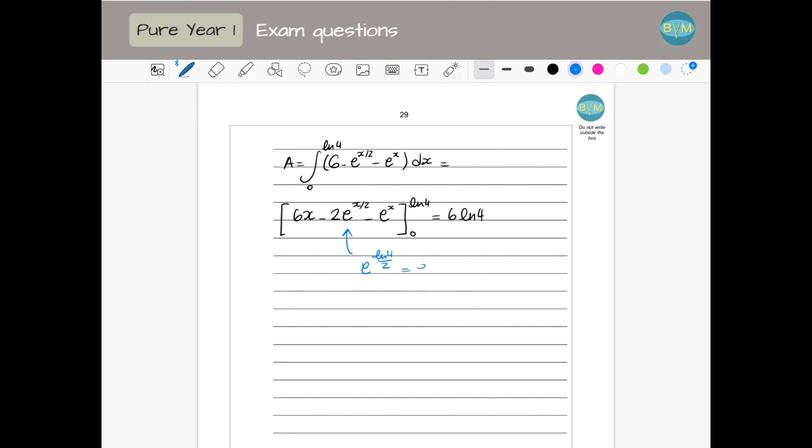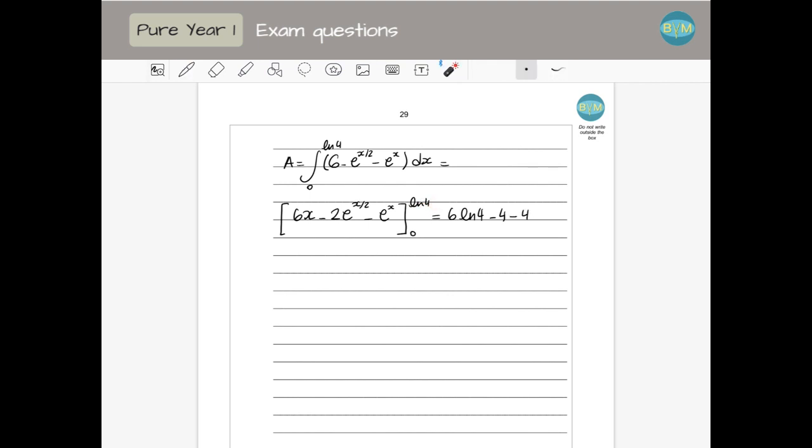And we know ln 4 was 2 ln 2, divided by 2. We can cancel this, and we have e to the power of ln 2, which is 2. Yeah? So this bit is 2 altogether, multiplied by the 2 at the front, so I have minus 4. And then e to the power of ln 4 is 4, so minus 4.